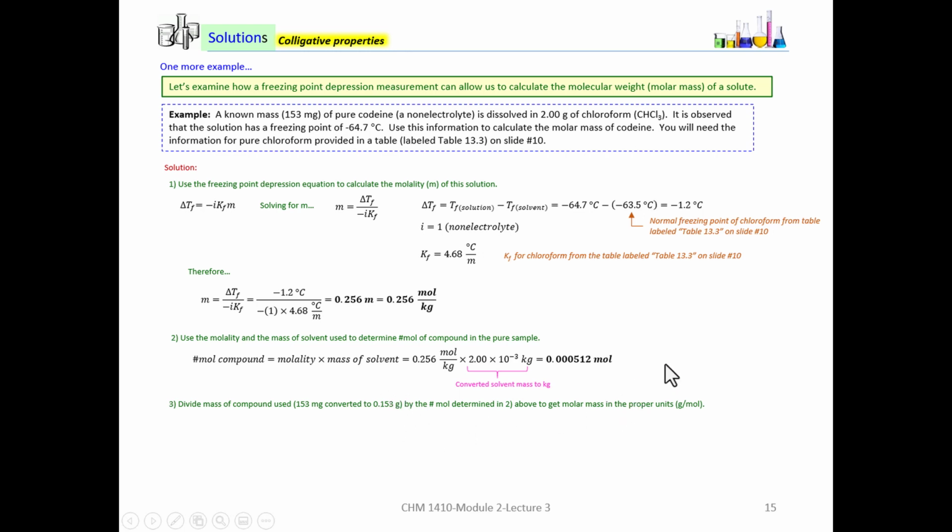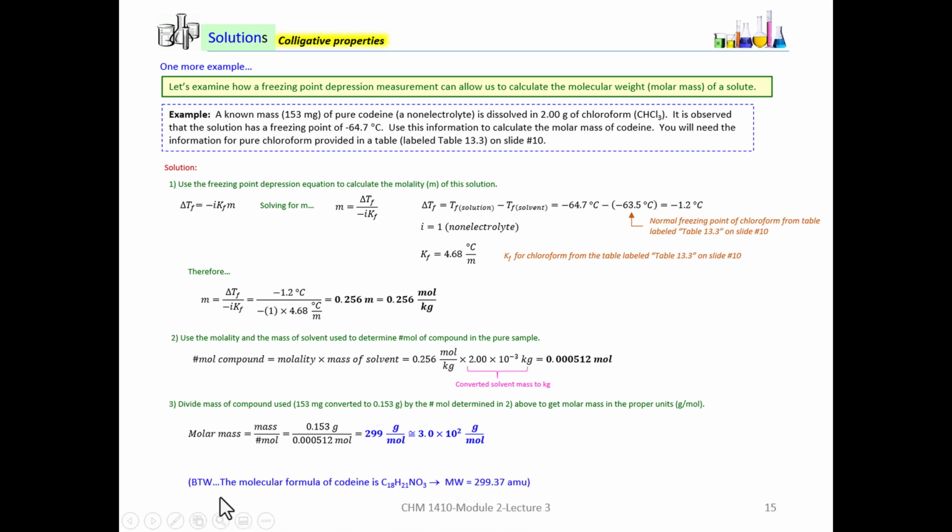And what is molar mass? Molar mass is grams per mole. So we take the mass of the codeine in grams and divide by the number of moles of codeine that this represents, and we get units of grams per mole, in this case around 300 grams per mole for the calculated molar mass of codeine.